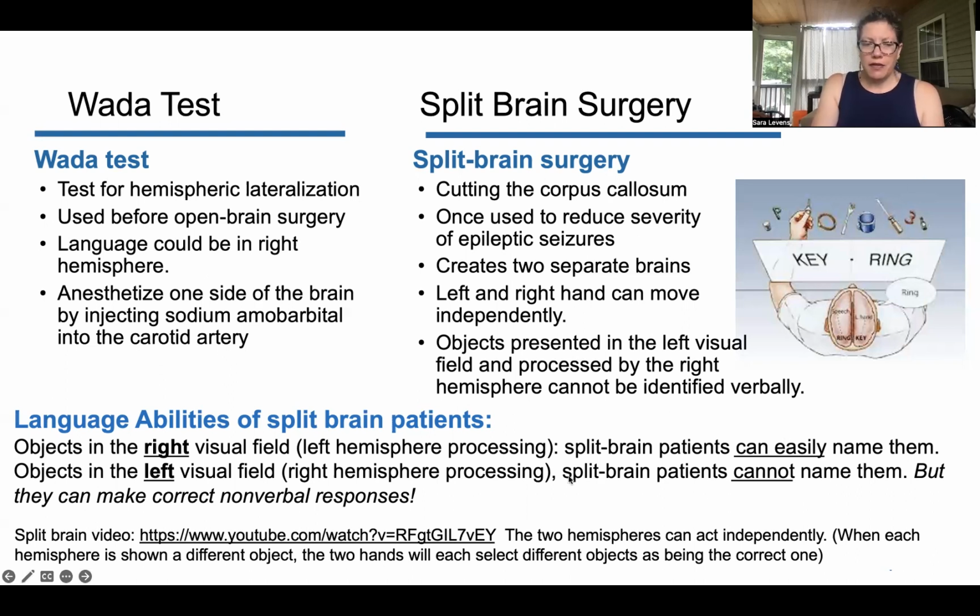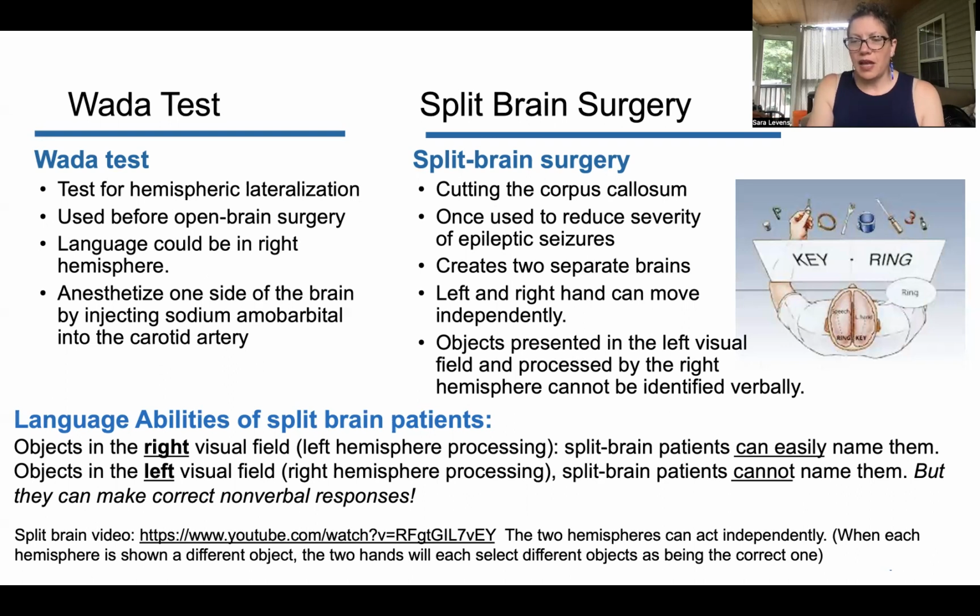But objects in the left visual field are processed by the right, so there's no communication with the language center, and they cannot name them. But they can make the correct nonverbal responses.